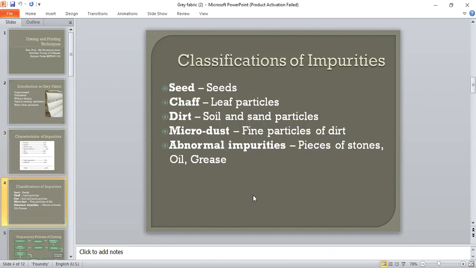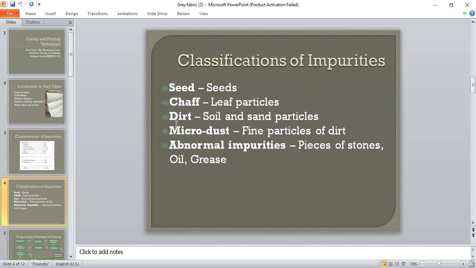Next, we will talk about the classification of impurities. Classification, first is seed. Classifications are like which kind of impurities are there in the fabric. First one is seed. Seeds, as you all know, the seeds. Then is chaff, which are the leaf particles. These are the waste materials which are added in the fabric in the form of impurities.